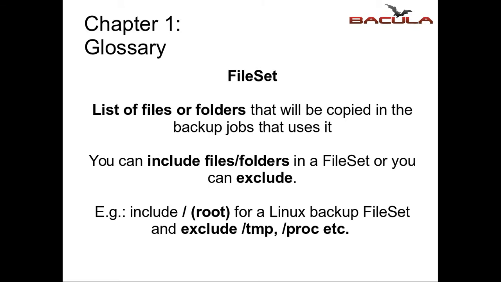If I include the root of a Linux operating system, I should probably want to exclude /tmp, /proc and other folders that are not important that are in the root directory of Linux. It's always the same for any backup tool: you either include folders or exclude them from the backup list.